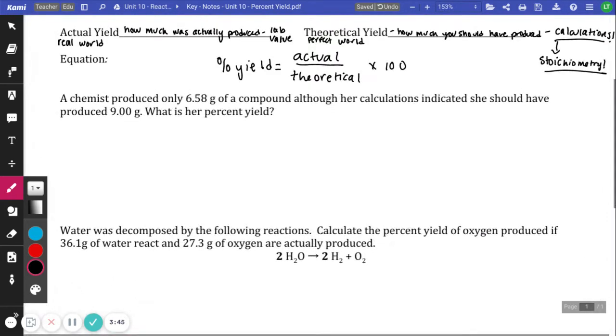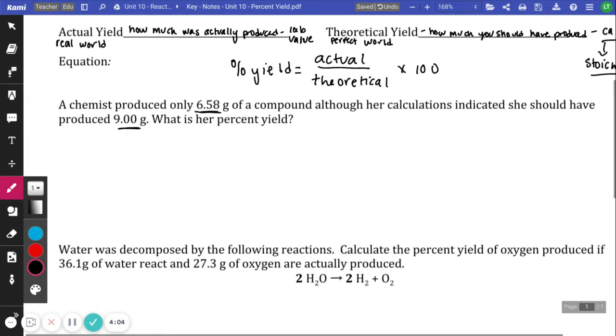So this first one says a chemist produced only 6.58 grams of a compound, although her calculations indicated she should have produced 9 grams. What is her percent yield? First thing we need to do is identify our actual and our theoretical. It says she only produced this, so that's going to be our actual.